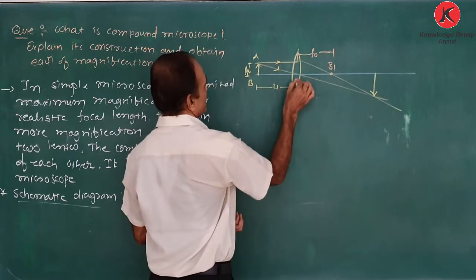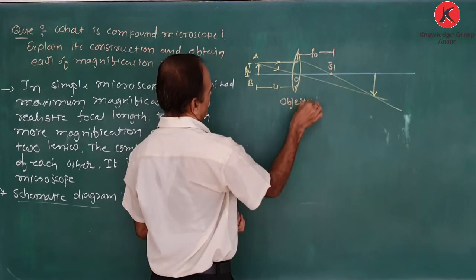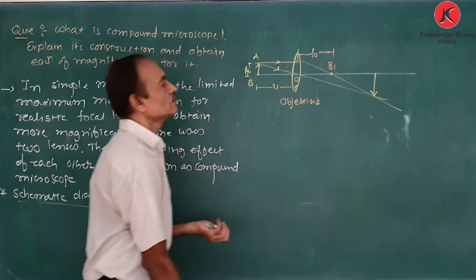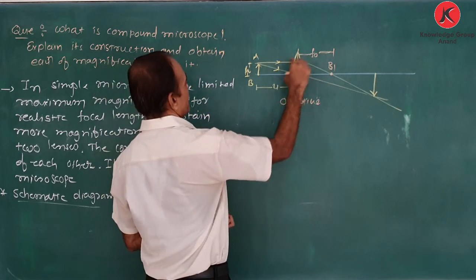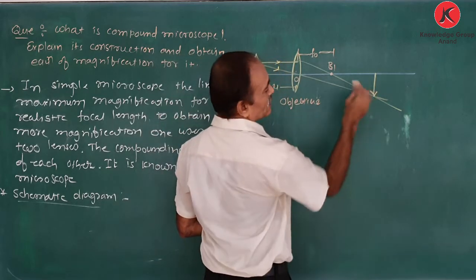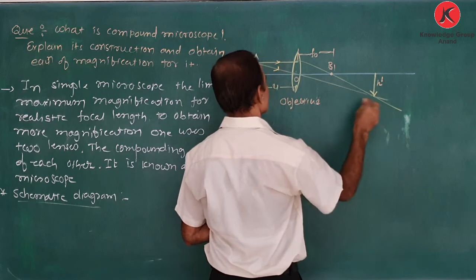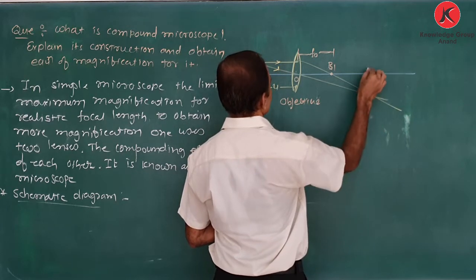There is our objective lens O. So this part is the same as the image. Now this image formed has the height H dash, and that is the radius B dash.